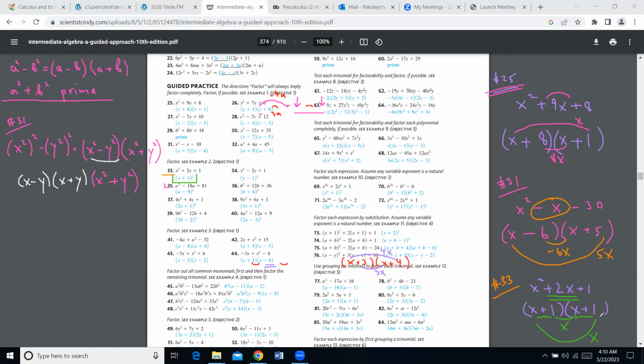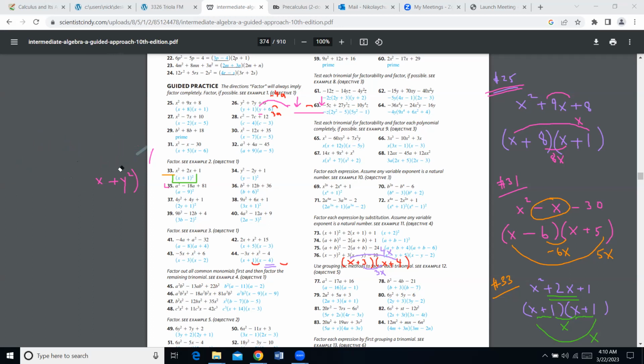So instead of multiplying x plus 1 with another x plus 1, they just wrote it as x plus 1 raised to the power of 2. So this is a possibility, and it's good to realize that you can write it also in that format.